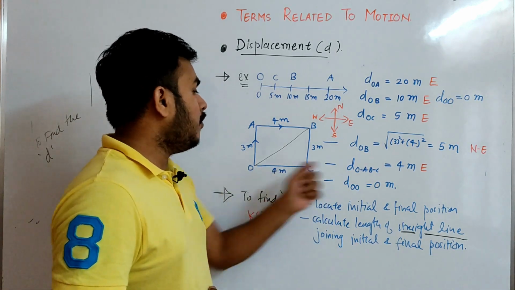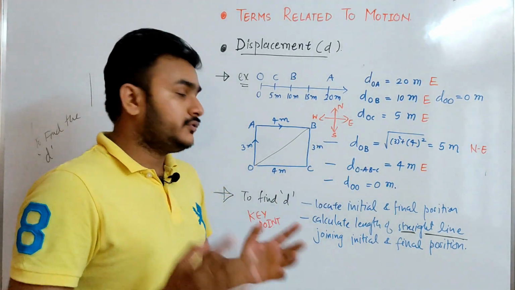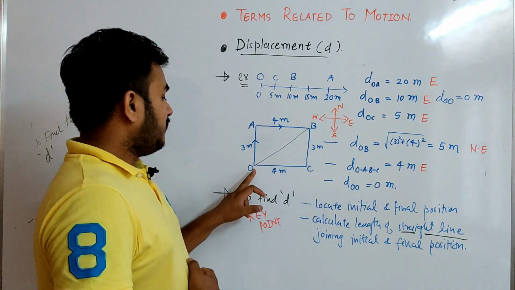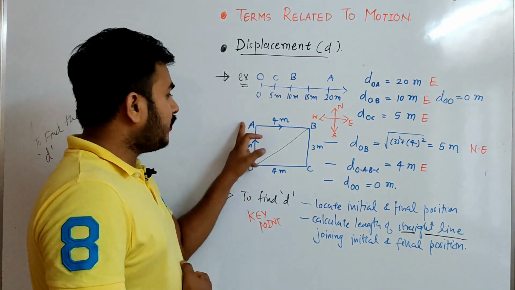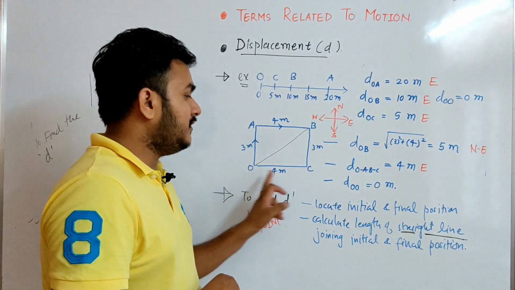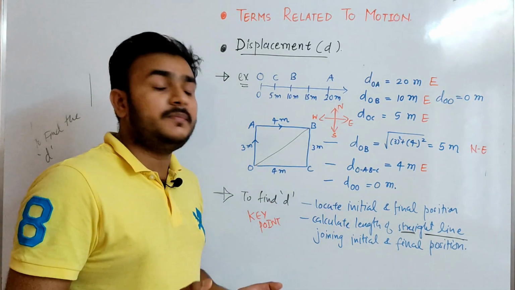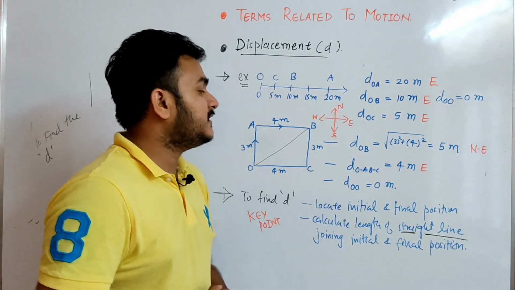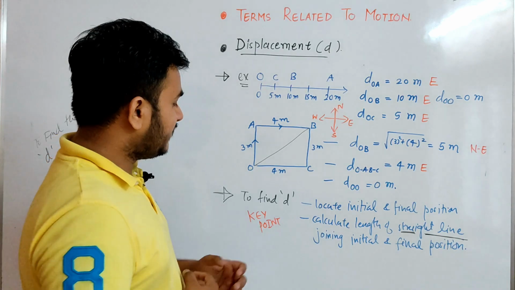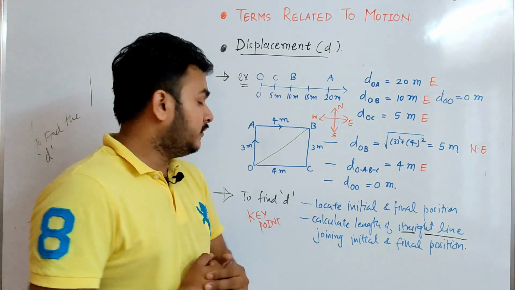Again with respect to O, it is in the east direction, so that's why it is 4 meter east. Now if the object travels from O to A to B to C to E, again coming back to the same position, the initial and final positions will be the same, so in that case the displacement is equal to 0 meter.